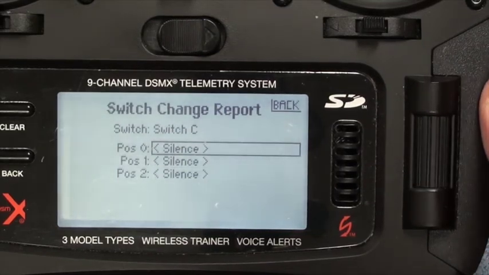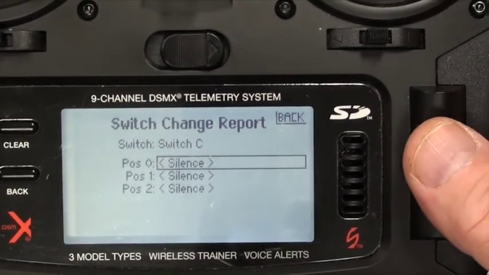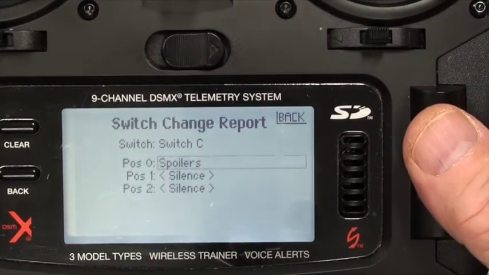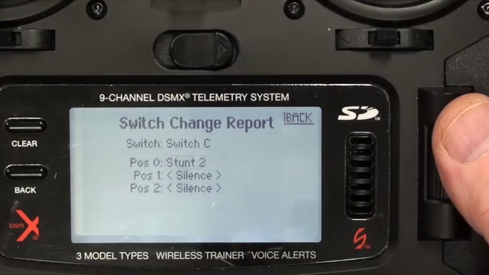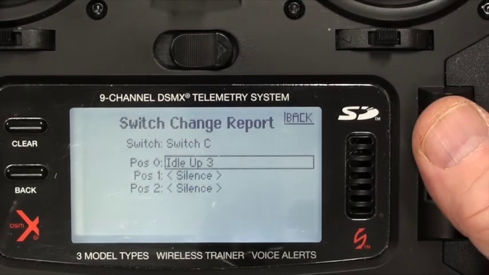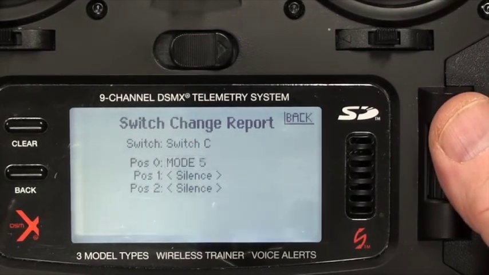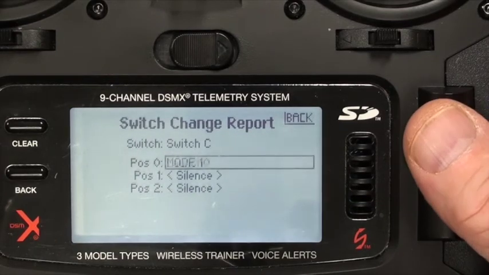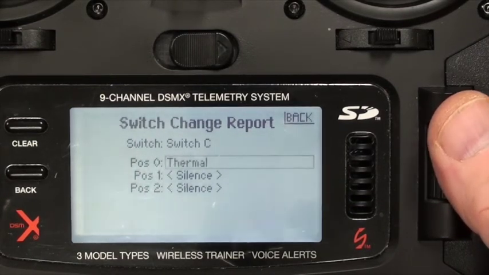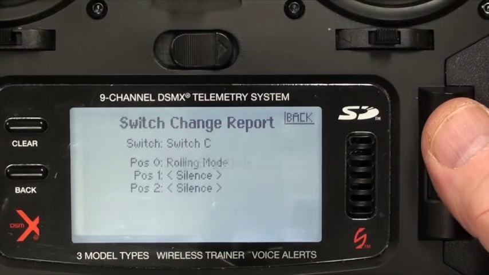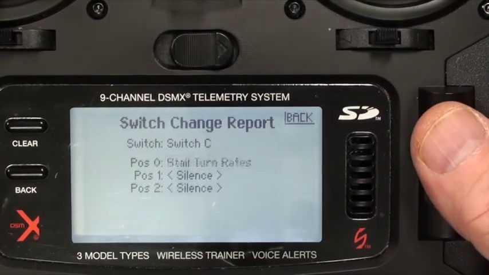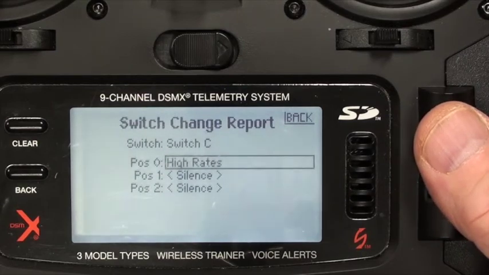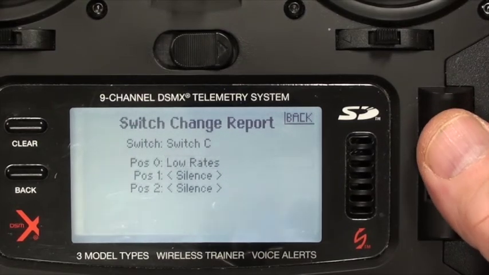So position 0 is low rate. So I'm going to find it. I'm pretty sure it's in here something about 3D mode, normal mode. 3D rates, high rates, mid rates, there we go, low rates.